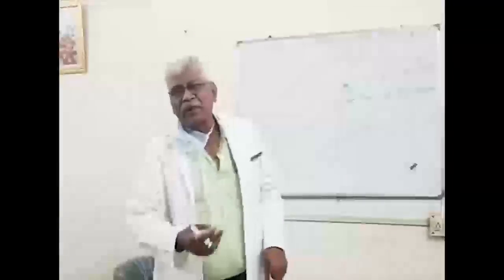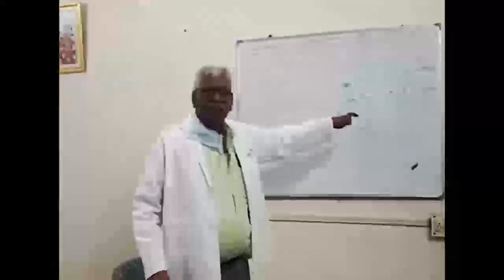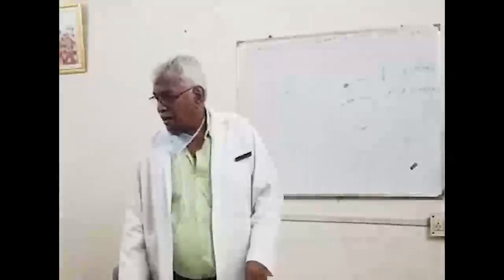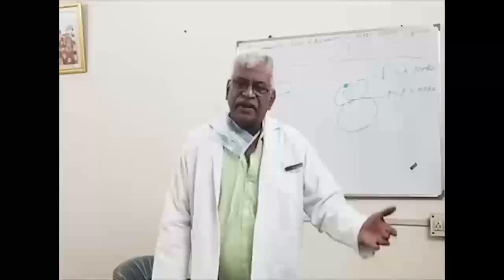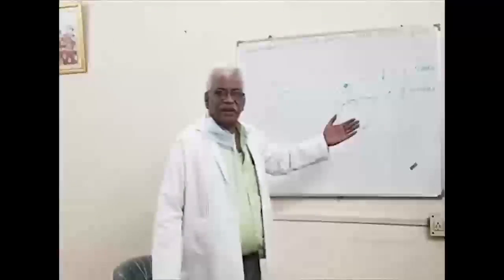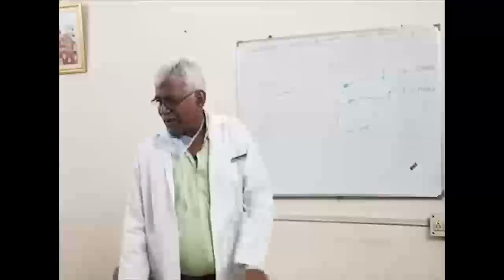So whatever bombardment is coming from the SA node is getting an obstruction, and it is ultimately decreasing this defect of atrial flutter, which will ultimately be abolished.